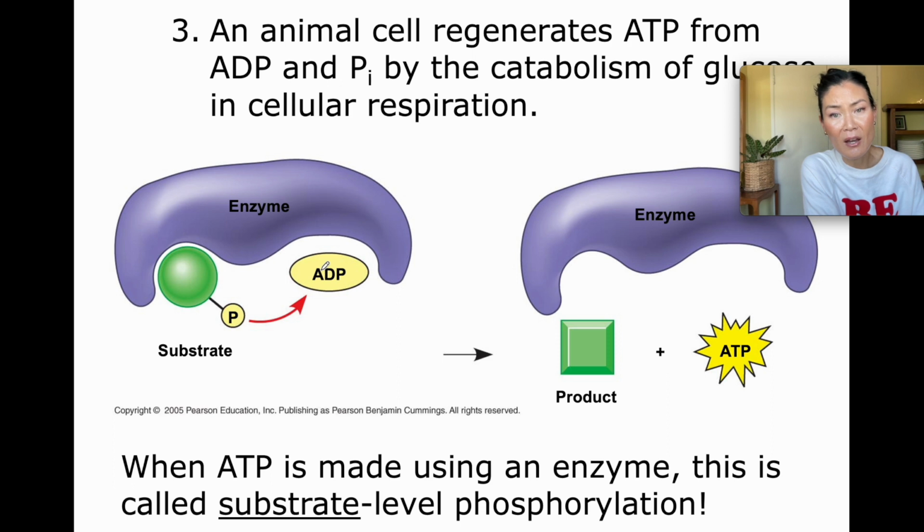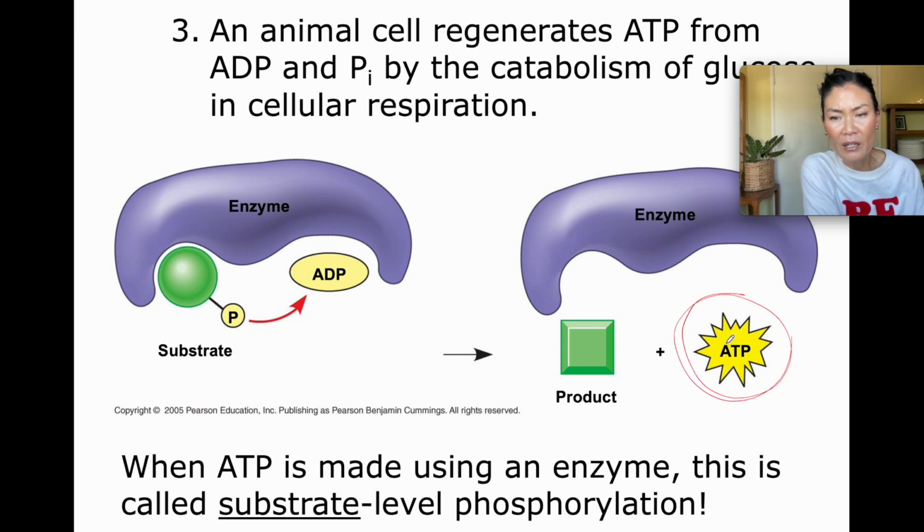make ATP. Well, in glycolysis and in the Krebs cycle, ATP is made this way where there's an enzyme and part of the reactant is ADP. It gets phosphorylated and that's how you get ATP.